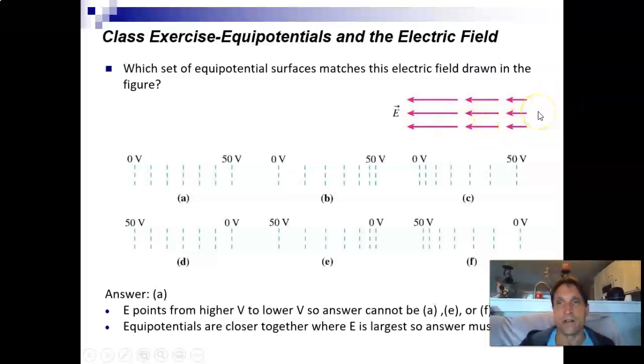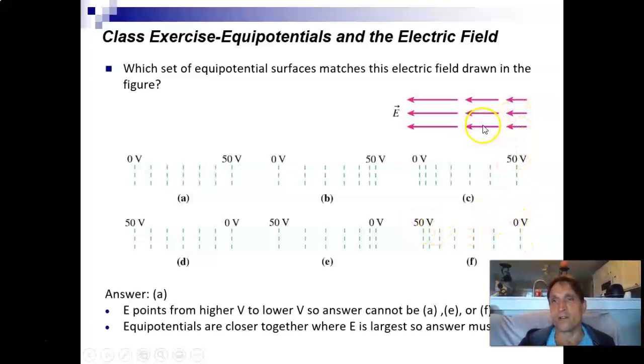We can rule out most of these. Why? Remember, the electric field points from higher potential toward lower potential. Look at F here. This over here is lower potential, with higher potential to the right.